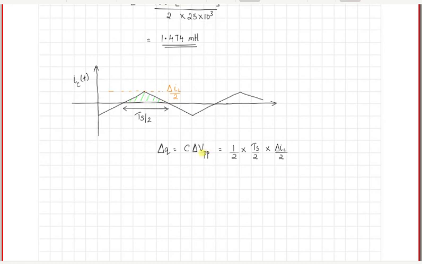So delta V peak to peak is 1 volt, so directly you will get the value of C from here as delta IL, and if you bring Ts to the denominator, it becomes Fs, so this becomes delta IL by 8 Fs.